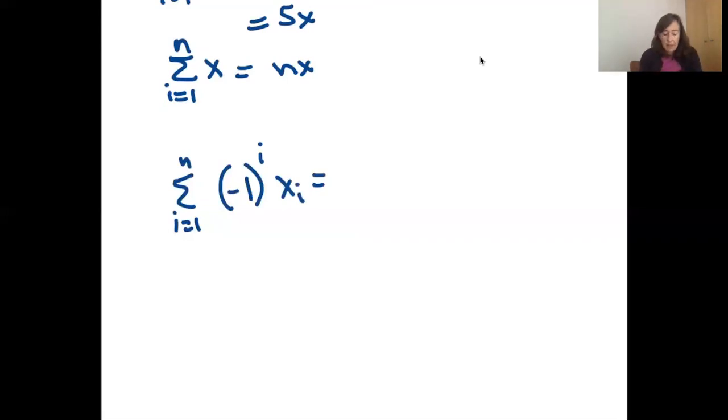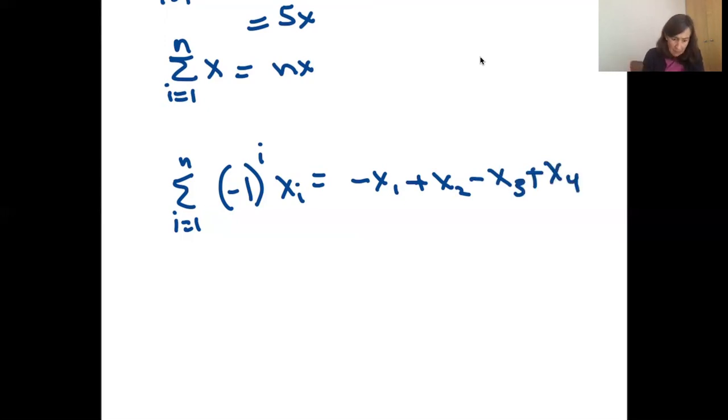Okay. What that is saying is, when i equals 1, -1 is -1, so we have negative x1 plus when i equals 2, -1 squared is +1, so it's plus x2. When i equals 3, it's an odd power of -1, so it's negative x3 plus x4, etc.